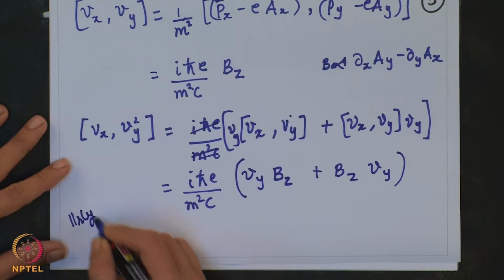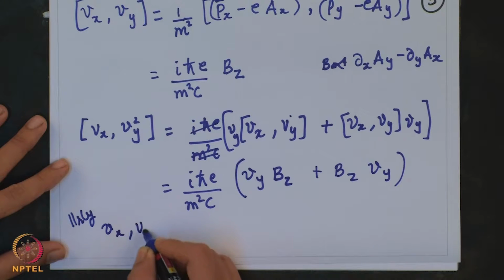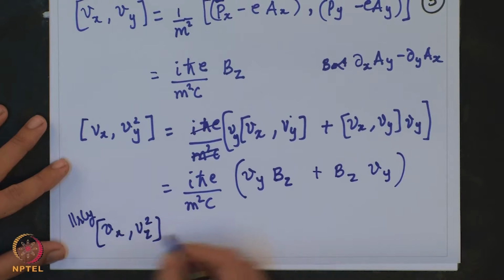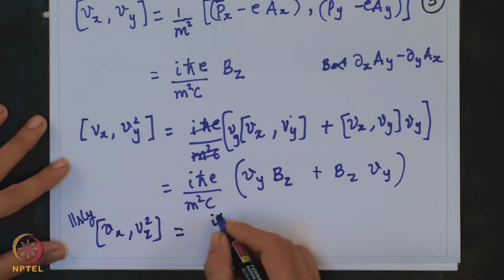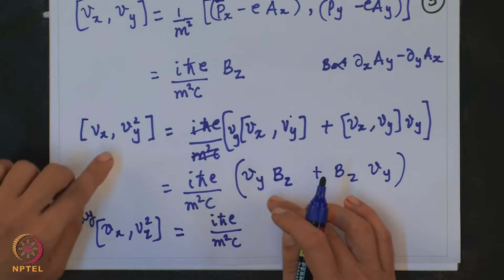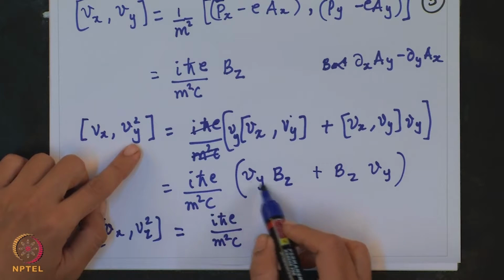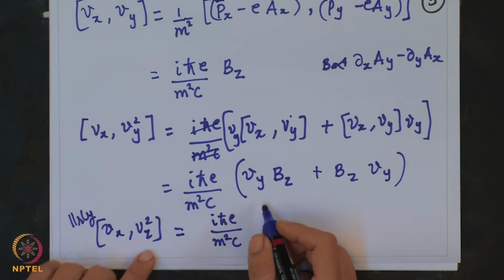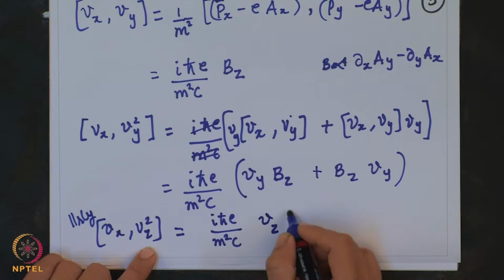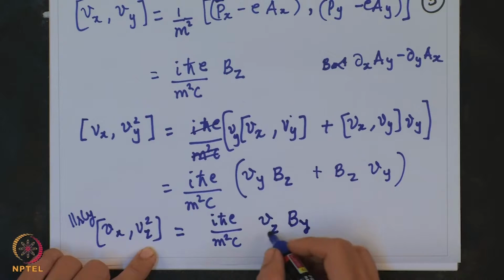Similarly, now you can guess what will be [V_x, V_z²], no need to repeat this exercise, you can just make a guess. So, everywhere when you have x and y, you will have V_y B_z. So, now I will have V_z B_y, correct, or V_y B_z.